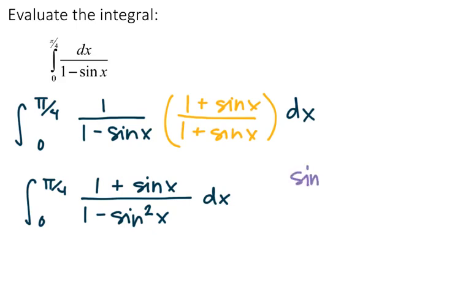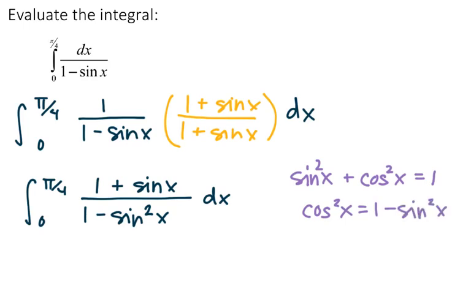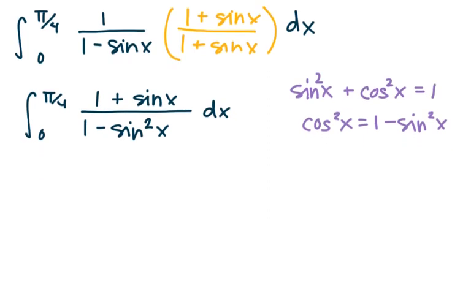As I mentioned, we know our Pythagorean identities, sine squared x plus cosine squared x equals 1. If I rearrange that, I can see that cosine squared x equals 1 minus sine squared x. So my denominator here, 1 minus sine squared x, is equal to cosine squared x, and I'm going to do that substitution.